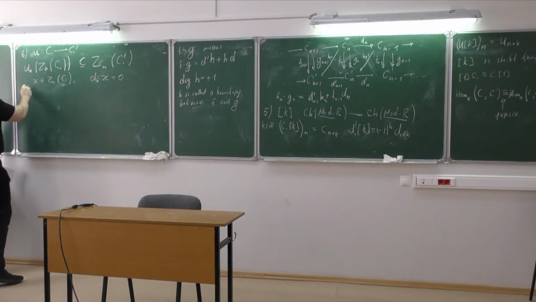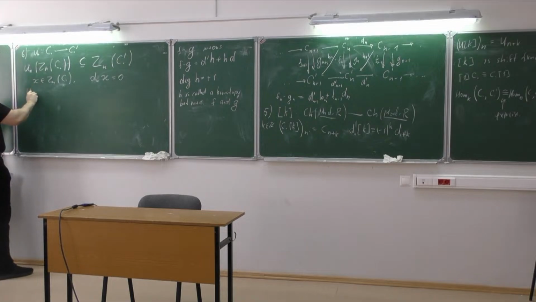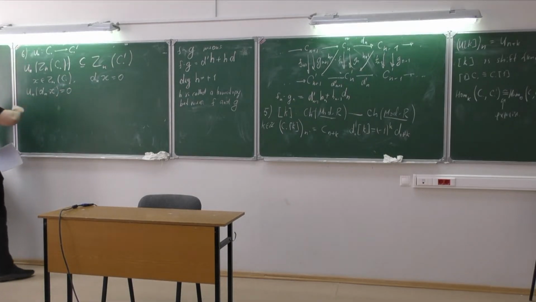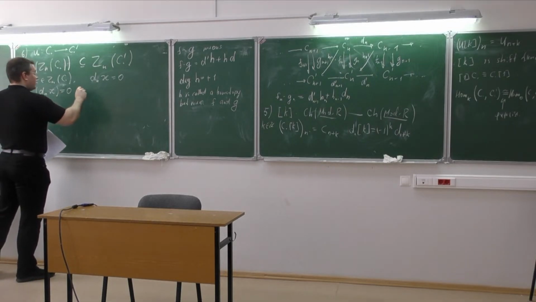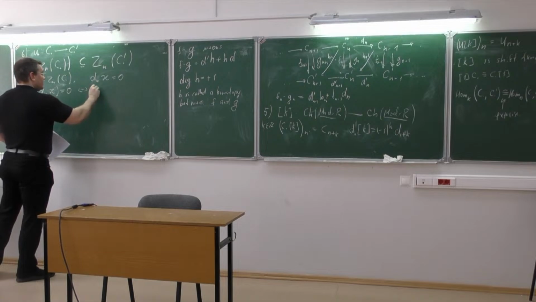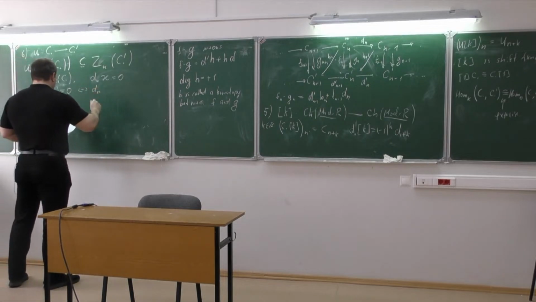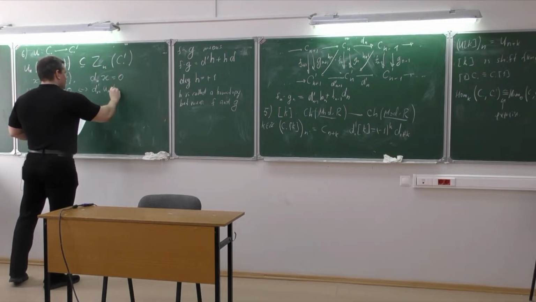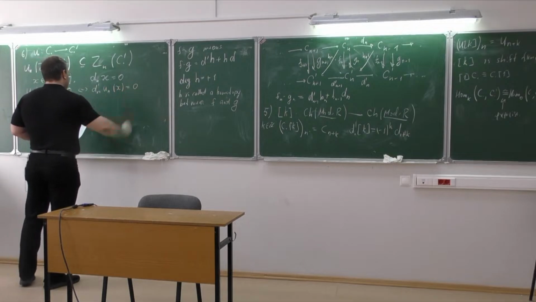But now, if I just apply un to this equation, dn of x is equal to 0, and use the condition that differential is commuting with the chain map, I'll get dn prime un x is equal to 0.